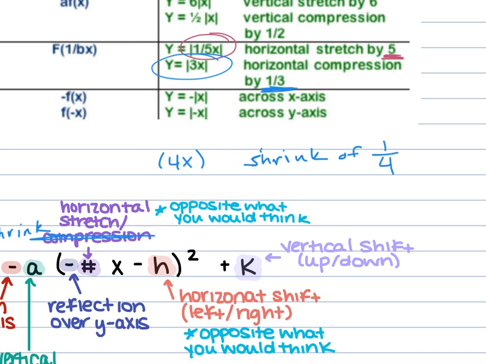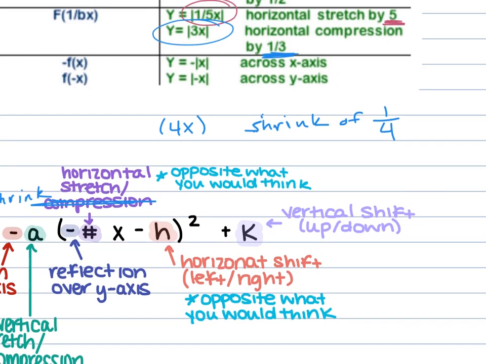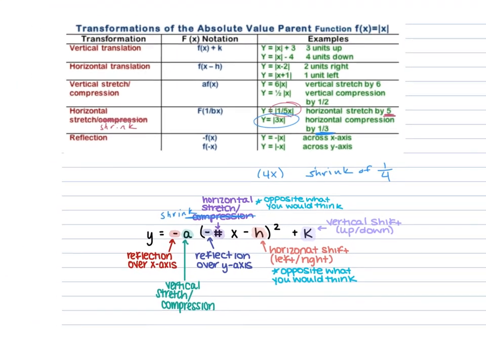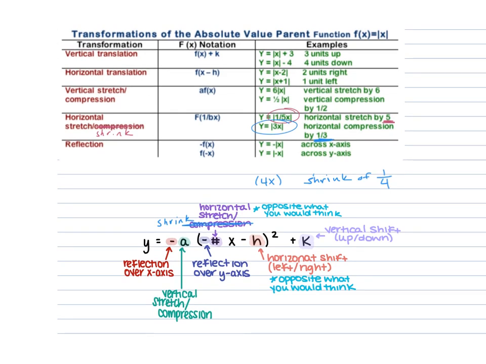So anything that happens inside the parentheses, it's always the opposite of what you think. Just like when we subtract a number inside, we move right. It's the opposite of what you would think inside the parentheses. So that is for horizontal stretch or shrink.